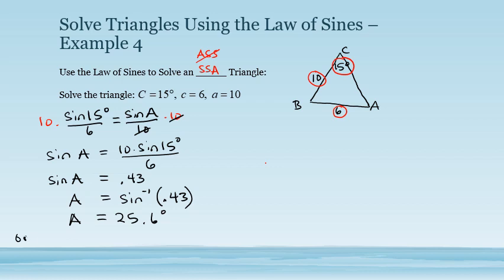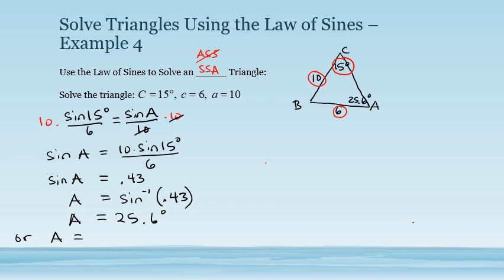Now, another possibility for A is, let's see here, if I take 25.6 degrees and I add it to the angle that was given to me, which is 15 degrees, you're going to get, what is it, 40.6? And so I know, let me see here, I'm skipping around a little bit, but I've got 25.6 here.